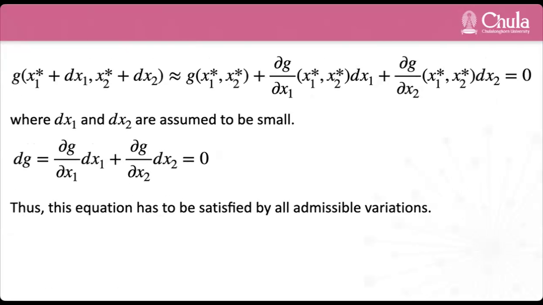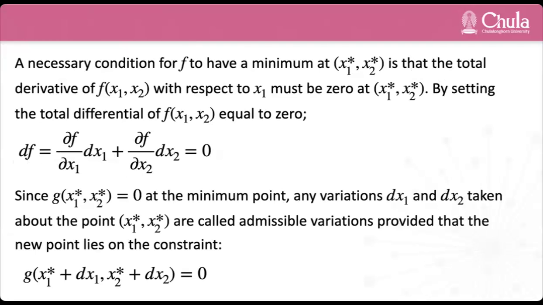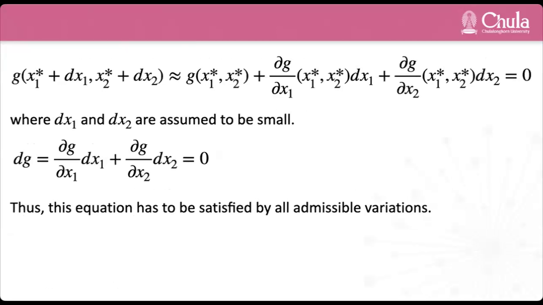So we write this equality constraint and expand it using a Taylor series, using x1 star, x2 star as a fixed point. This is only an approximation because we have only the linear term.